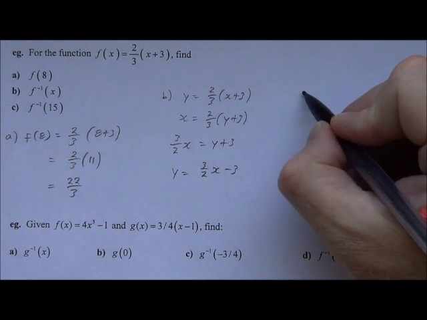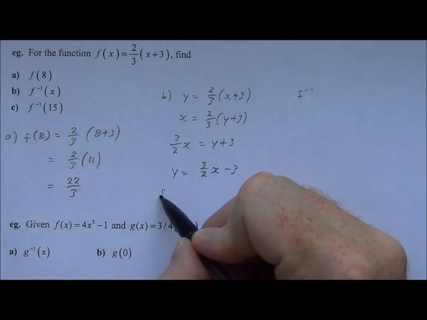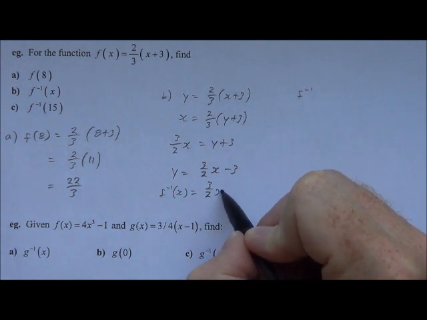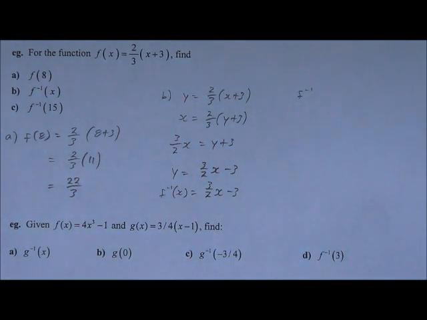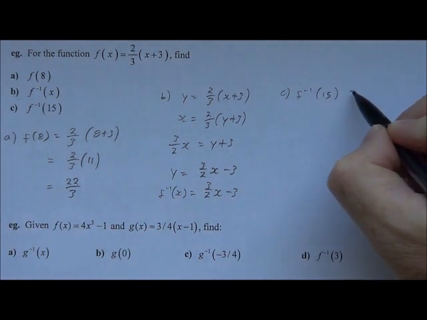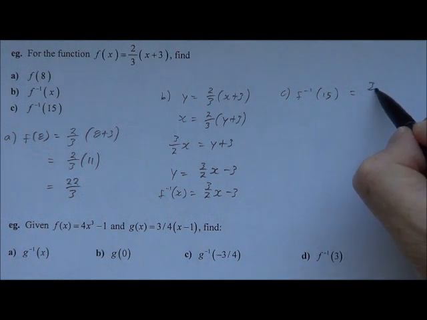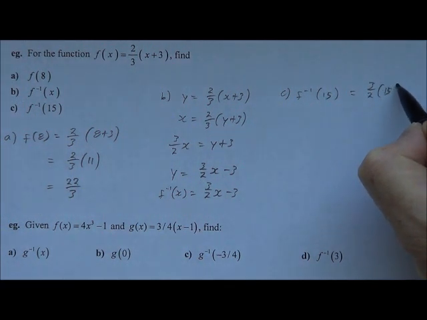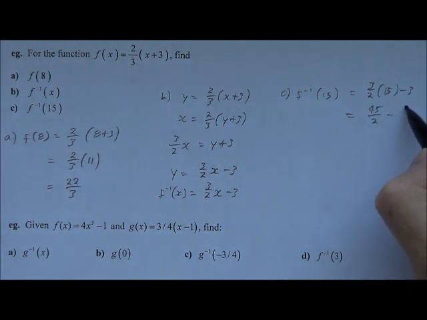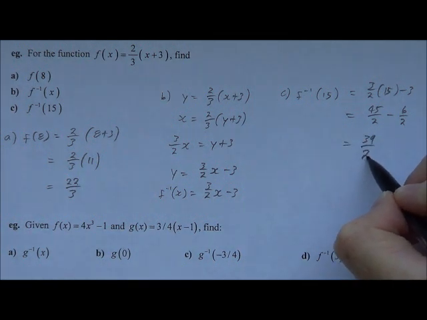And now we want to find f inverse, and then just to finish this off, f inverse of x is 3/2 x minus 3. And now for part C, f inverse of 15 needs to be calculated. So we have 45 halves minus 6 halves, which gives us 39 halves.